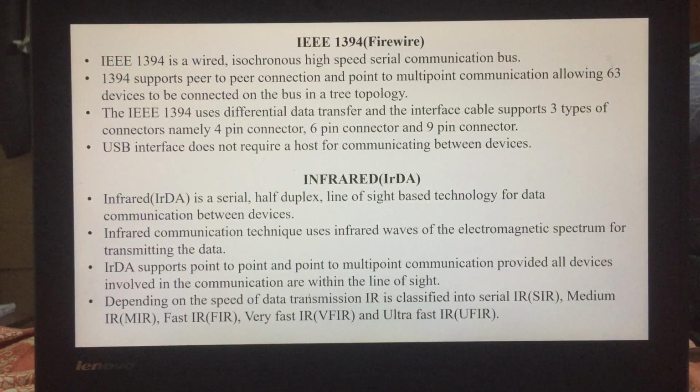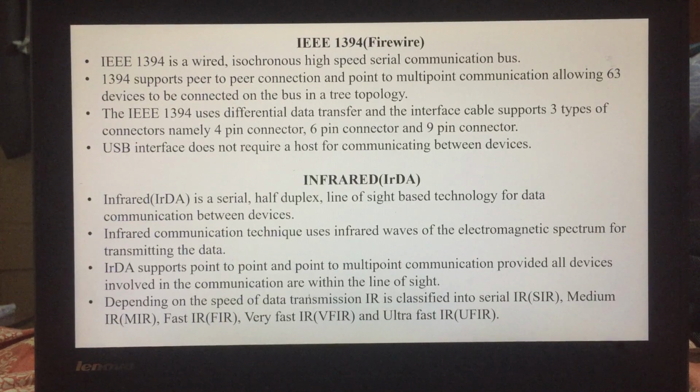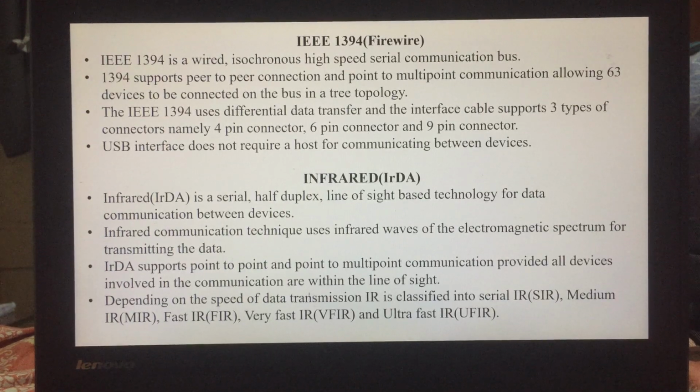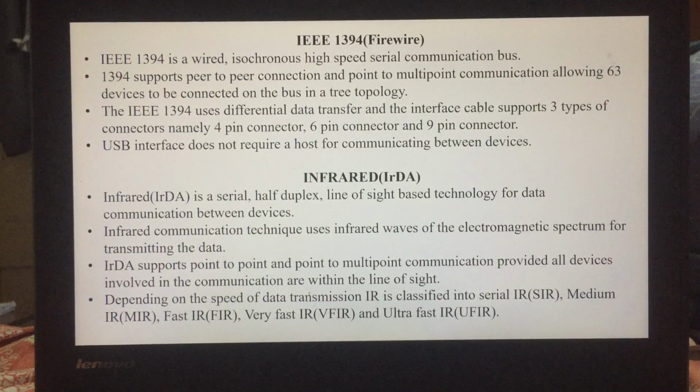IRDA communication involves a transmitter unit for transmitting the data over IR and a receiver for receiving the data. On the source side, an infrared light emitting diode, LED, acts as transmitter and a photodiode acts as receiver at the receiving end.